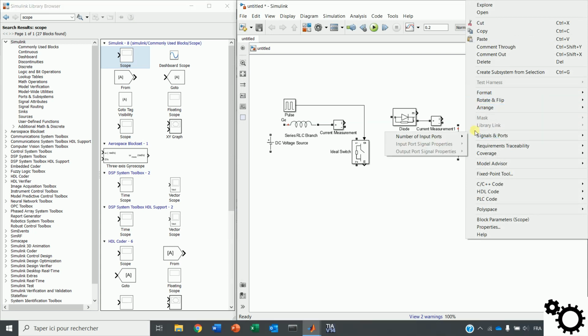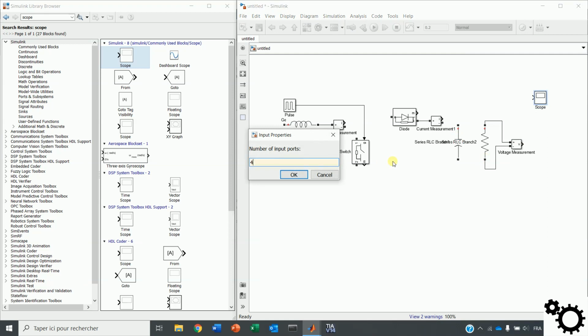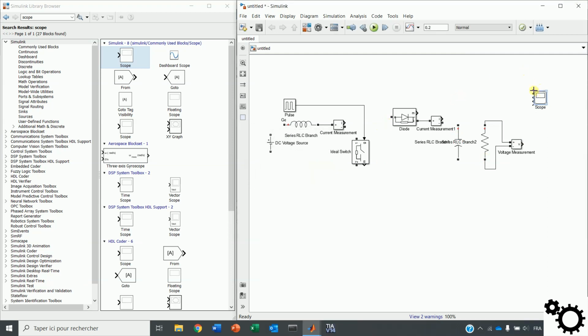We have 4 signals. One for the pulses, one for the current through the inductor, one for the current through the diode, and one for the output voltage.